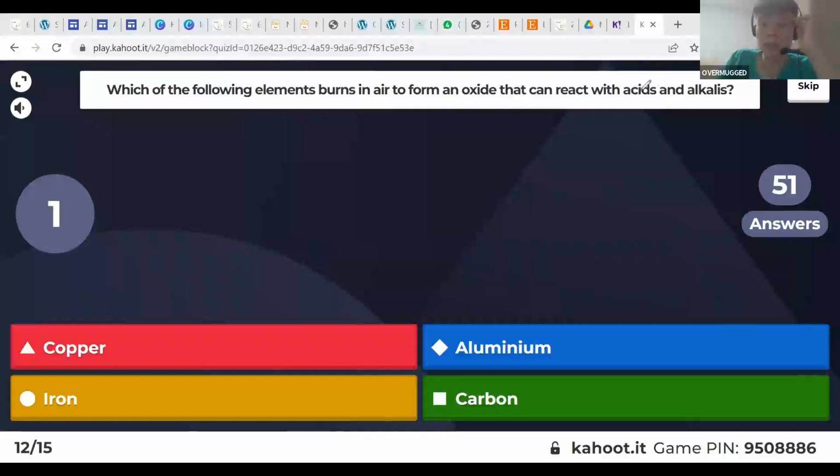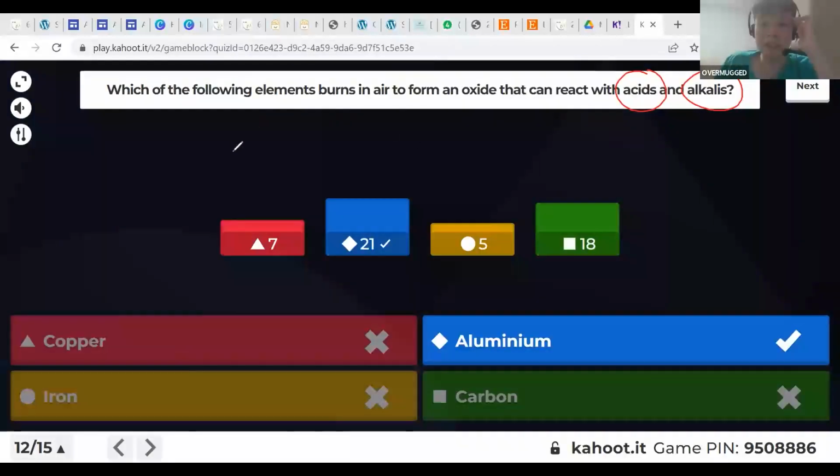From this you should know, can we have acid and alkali, amphoteric? Common exam question. Amphoteric: zinc, aluminium, and lead.